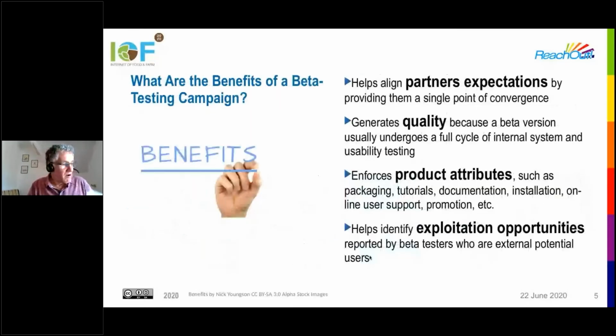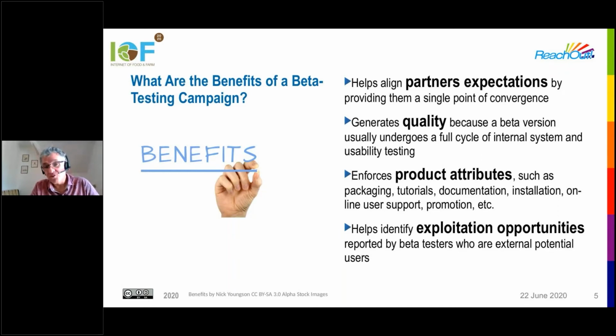So what are the benefits of beta testing and user acceptance testing? Well, there are many of them. One of them is that it can align the partners' expectations in the project. If you've got several partners, it brings them together, a single point of convergence. It also generates quality, of course, because the feedback of your users will help you increase the quality of your product.